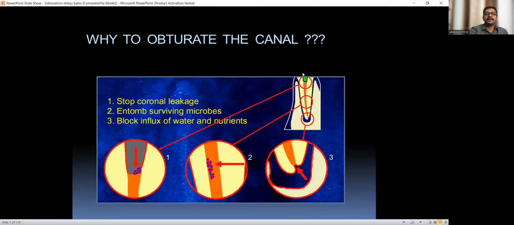Why obturate the canal? What's the purpose of doing an obturation?